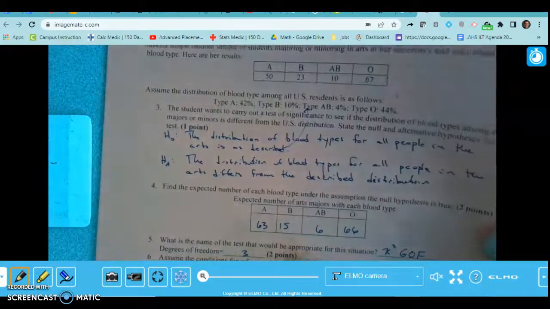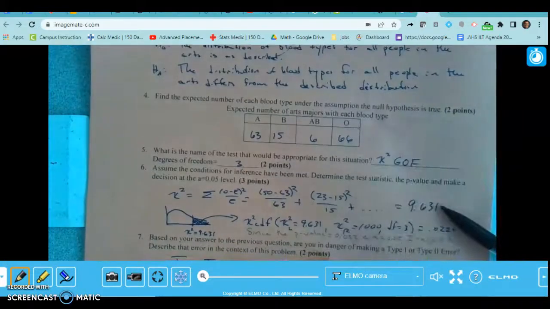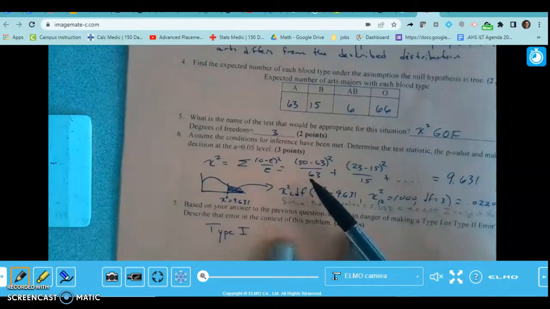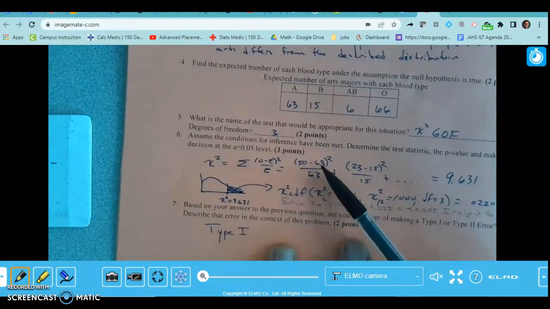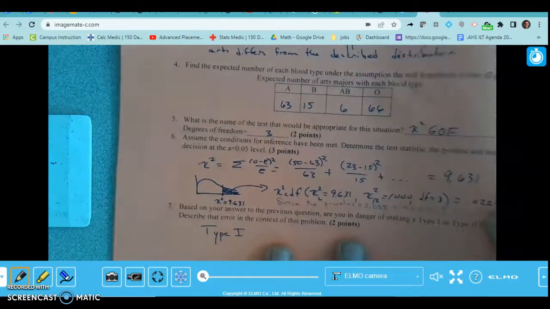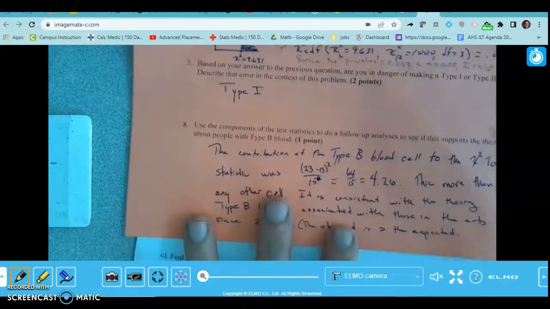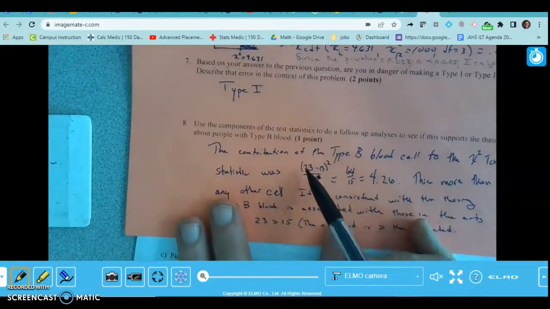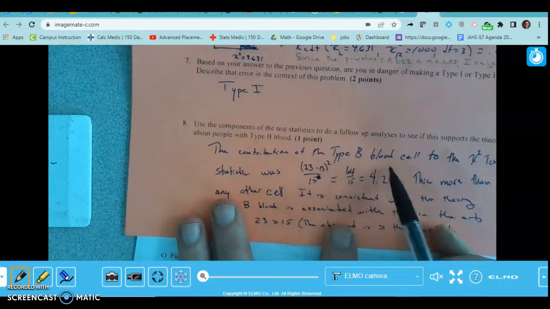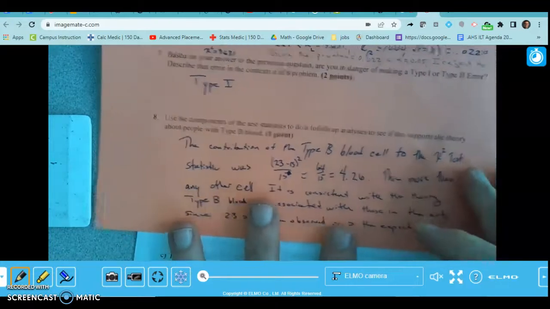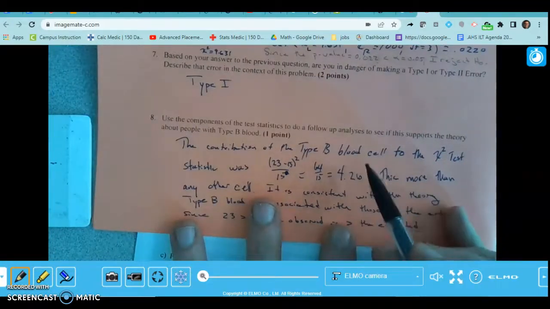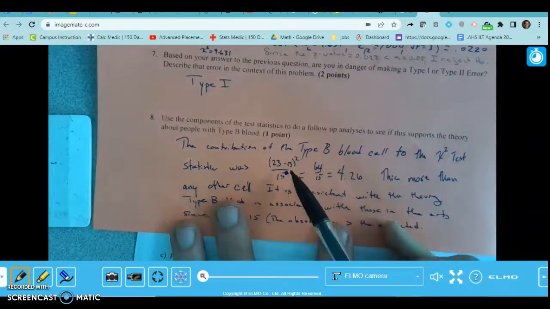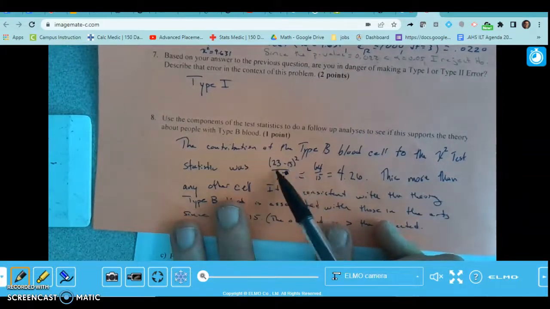So the question is, how much did that contribute to our test statistic right here? This 9.631 is what we got when we added all the observed minus expected squared over expected. So if we go down here and we look at that particular cell, the contribution of the type B blood people to the test statistic was 23 minus 15, observed minus expected, squared.